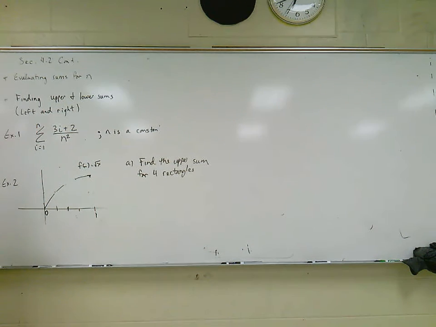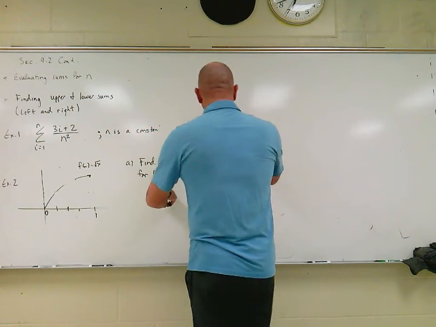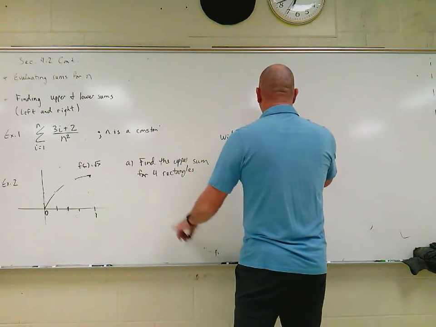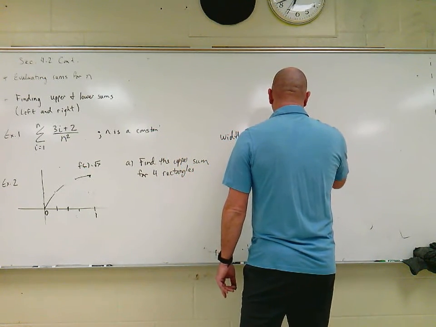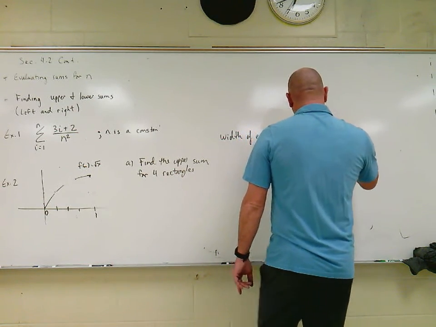So the first thing I always want to know is how wide each rectangle is going to be. Let me ask you this, how wide will each rectangle be if I have to put 4 rectangles from 0 to 1? 1/4. Now, there's a way to find that. The width of each rectangle, I'm going to refer to as delta x.